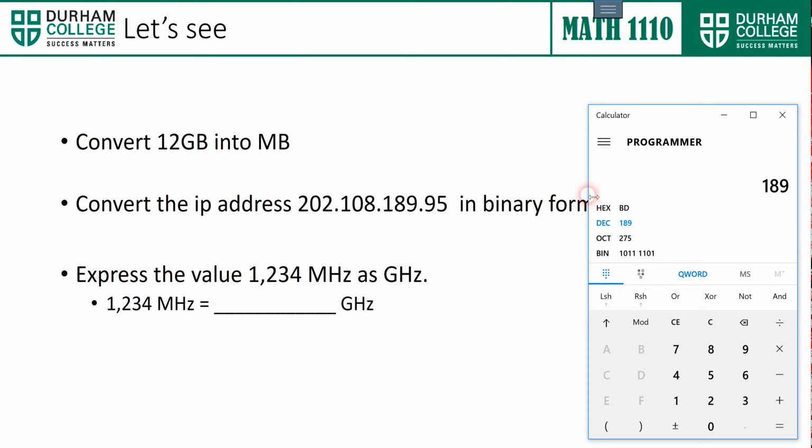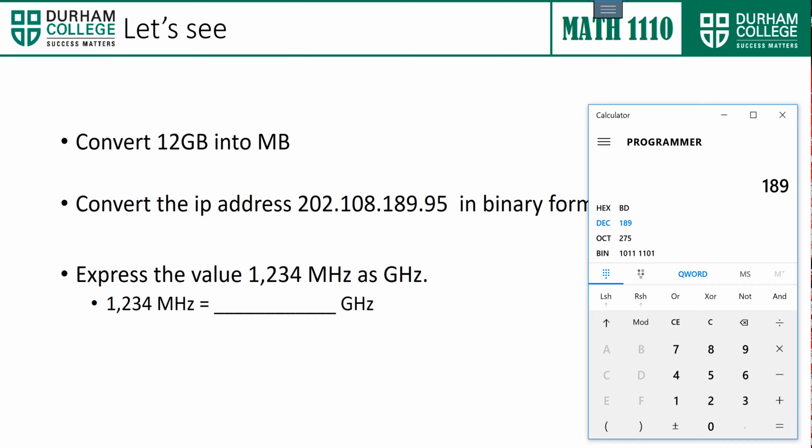This is done. Moving on, the third question: we have been given speeds of a computer. We have 1234 megahertz, and we've been asked to convert it into gigahertz. This question is very similar to the gigabyte to megabyte question.